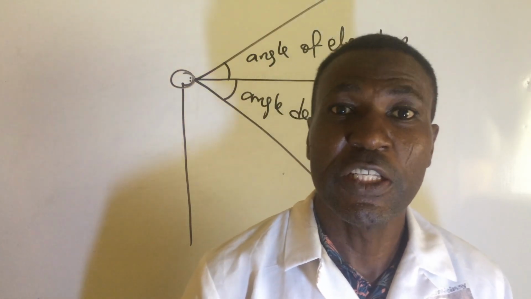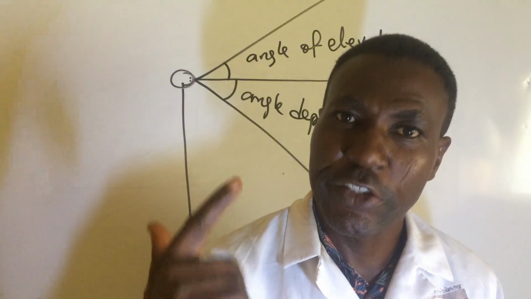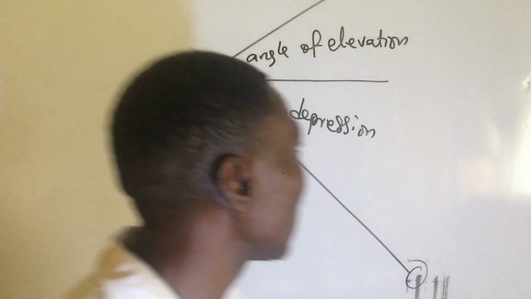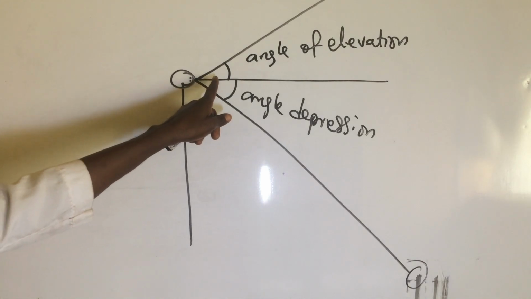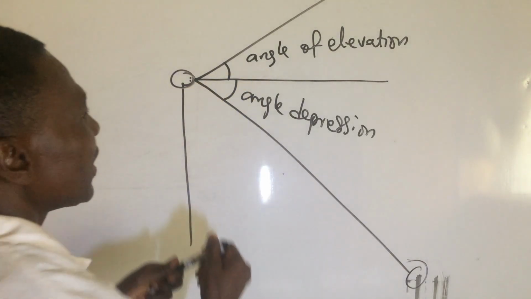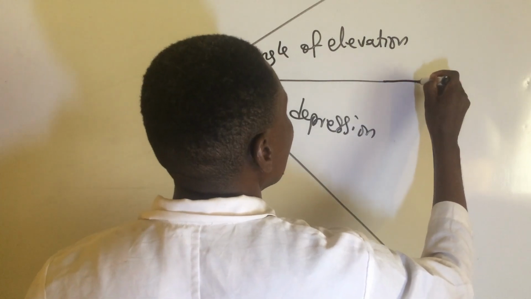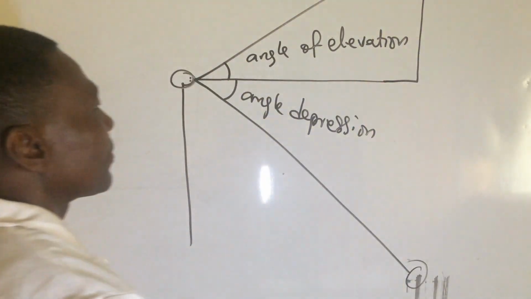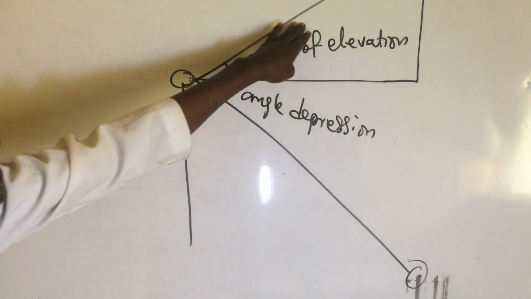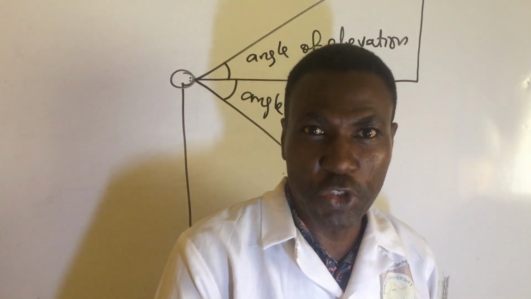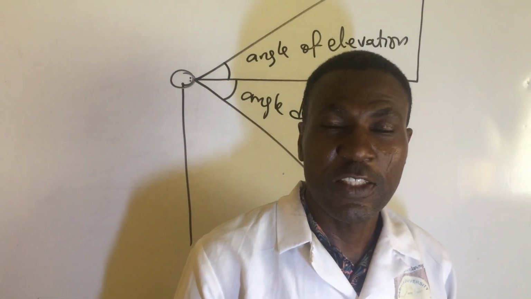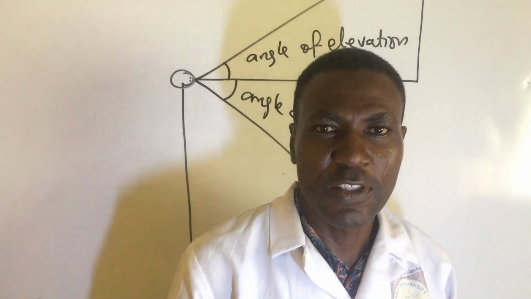In calculations, it normally involves a triangle. If I want to calculate the angle of elevation, for example, it has formed a triangle, for which I can use any method I've taught you concerning triangles.